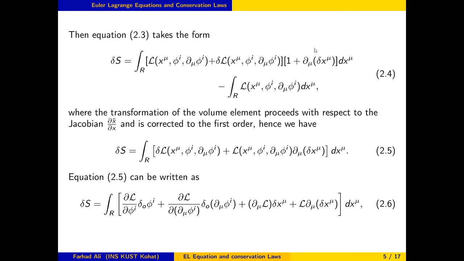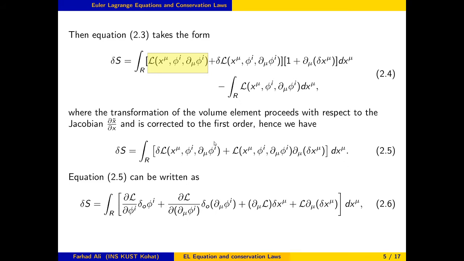We take the variation so small that the product of two variations will be neglected. Now subtracting this term from the above, we get this equation.